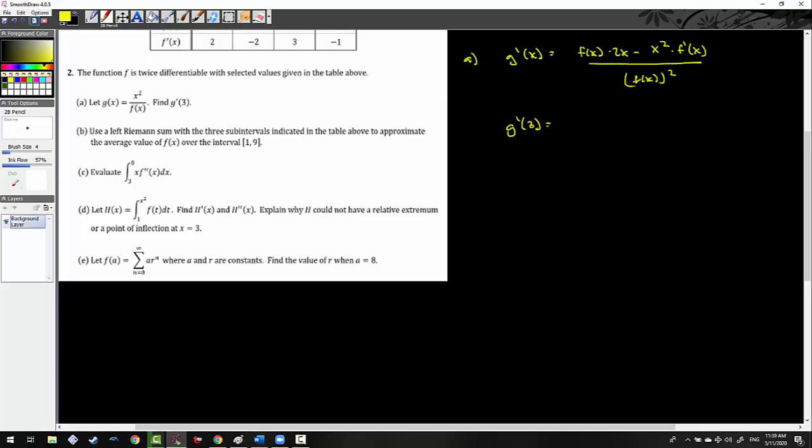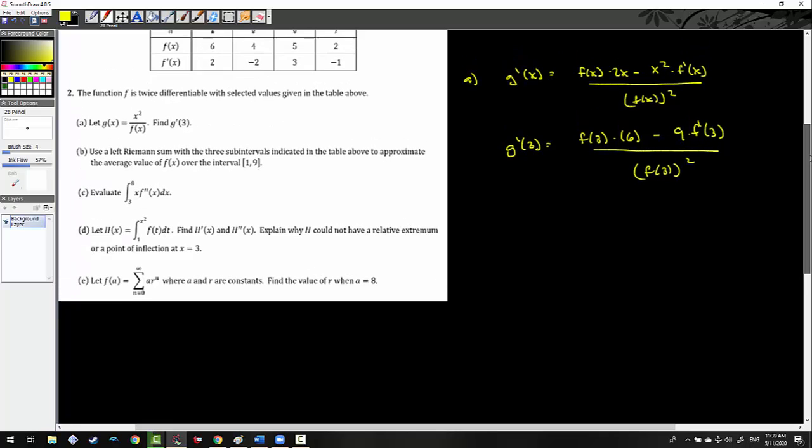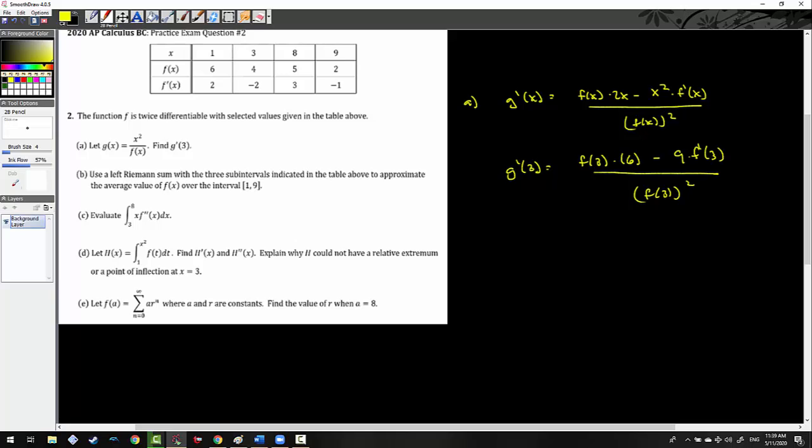If I find the derivative anywhere, I'm going to find the derivative at 3, so that's f of 3, times, I'm going to speed some stuff up here, so I'm going to call that 6 minus 3 squared is 9 times f prime of 3, and again, I'll find out what those are in just a second. F of 3 squared. So looking back at the table, I feel like we could probably figure out what each of those values is going to end up becoming.